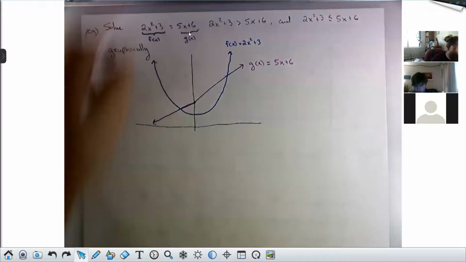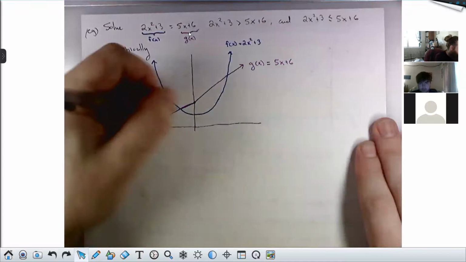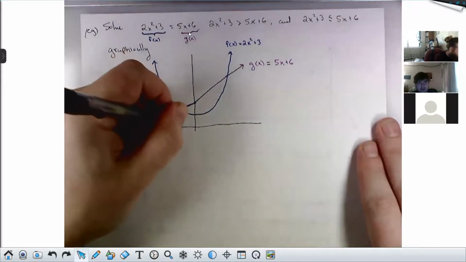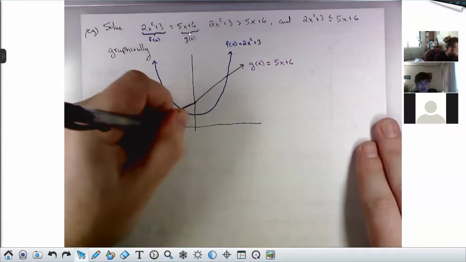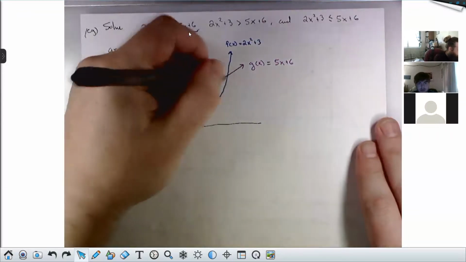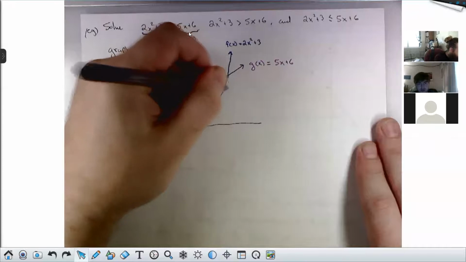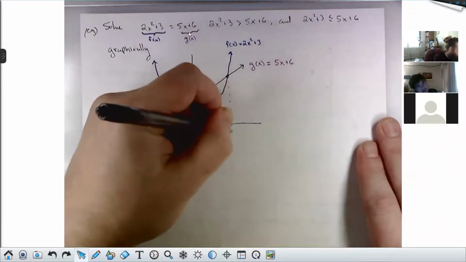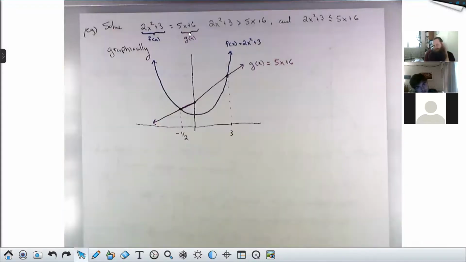Of paramount importance are these intersection points, specifically their x values. This one happens to be -1/2, and this one happens to be 3. And unless you can get that information straight from the graph, this method is not particularly useful. Because normally you'd have to solve an algebra problem just to find those intersection points.